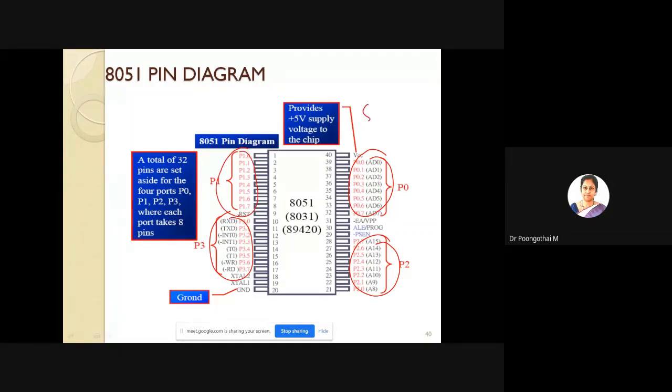So 8 into 4, totally 32 pins are allocated for IO operation, and the remaining 8 pins are RST, EA, address latch enable, program store enable, XTAL external oscillator 2, external oscillator 1, ground line, and VCC.